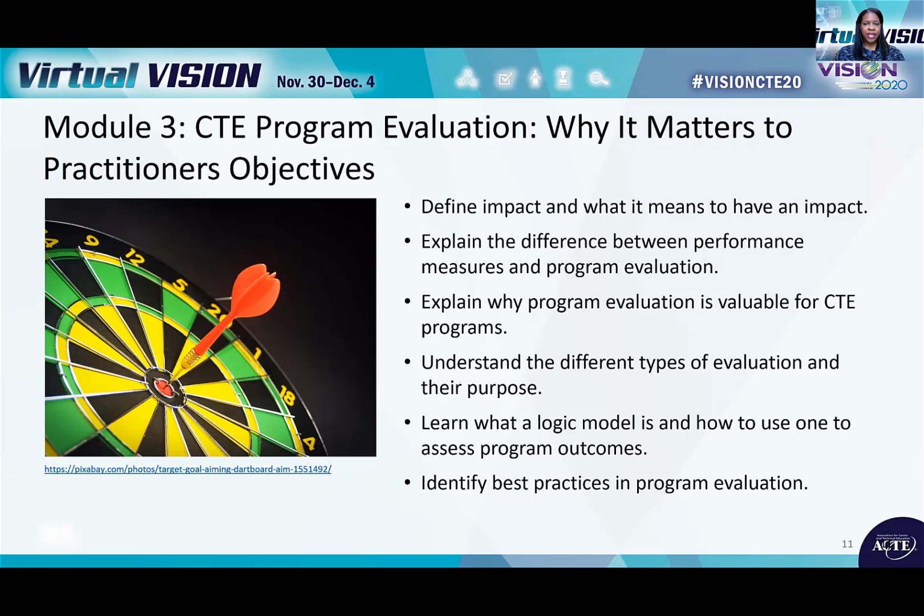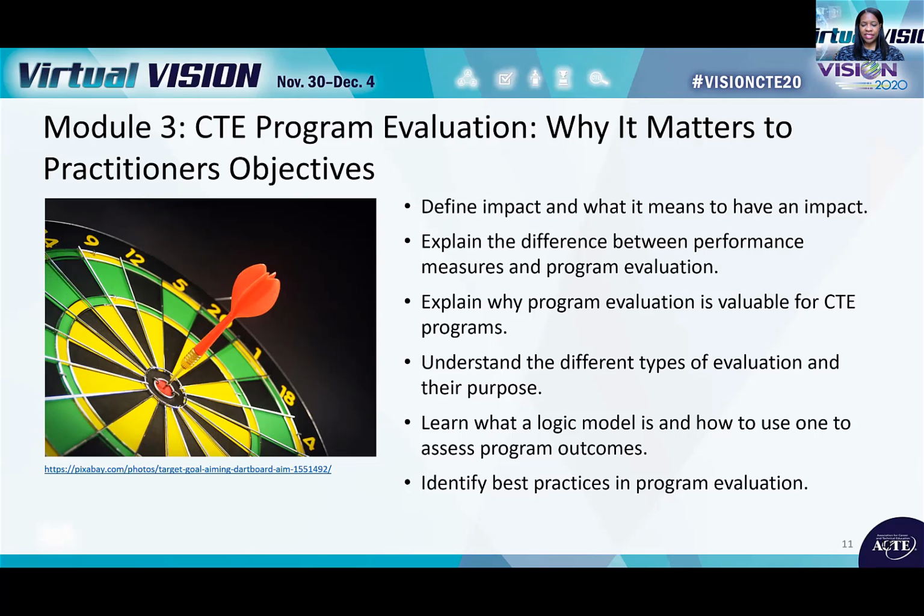You'll be able to explain why program evaluation is valuable for CTE programs and understand the different types of evaluations and their purposes. Finally, in this module, you'll learn about logic models. You'll find out what they are and how to use one to assess and determine program outcomes.